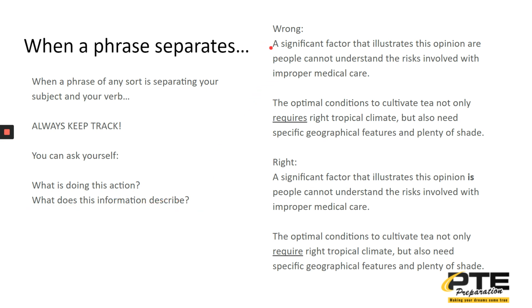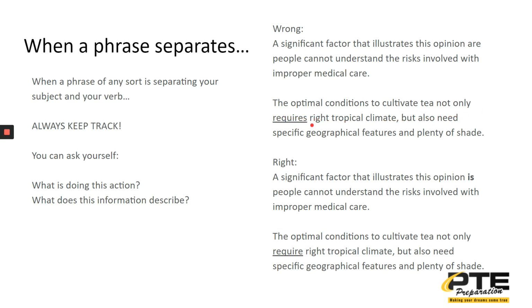A bad example is: a significant factor that illustrates this opinion are. A lot of people get confused because illustrates, even though it's a verb here, ends in S, and they think it's plural, but actually factor is your noun. A significant factor that illustrates this opinion is people cannot understand. Another bad example is: the optimal conditions to cultivate tea not only requires.